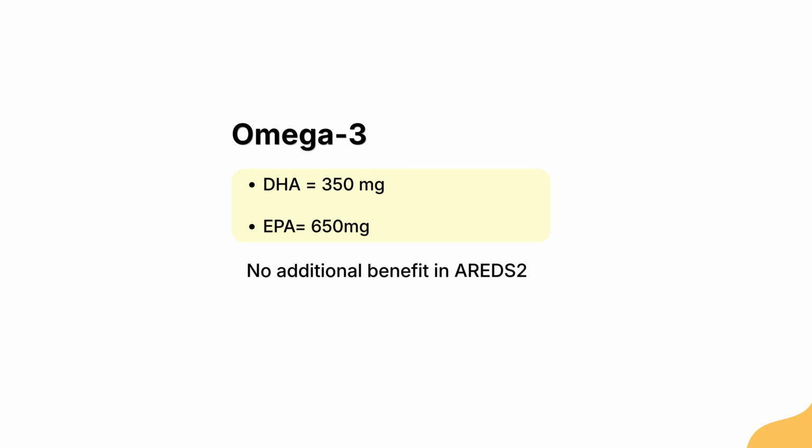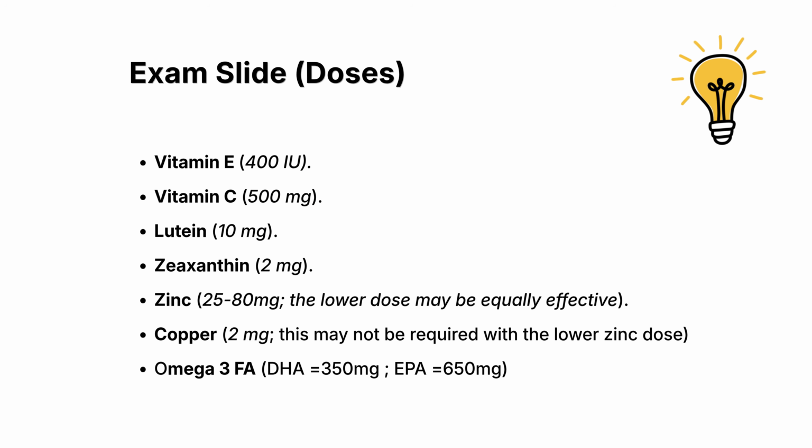There were a lot of expectations with omega-3 fatty acids, but studies showed that there was no additional benefit. Nevertheless, they are a part of the AREDS2 formulation. Now, many examiners like to ask you about the doses of the AREDS2 formulation, and they are appearing on your screen right now. You can remember that for your examinations.